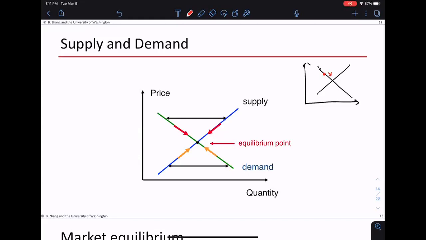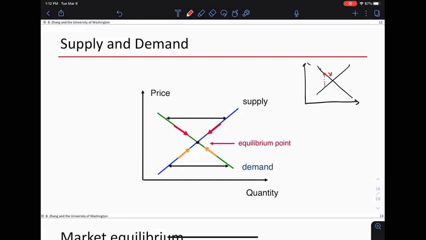You notice that the price of supplying this is a lot lower than the price you're buying at, right? Which tells you that when you want to buy a little bit more, the price you're willing to pay, which is your demand curve, is still higher than the price that the supplier is willing to sell.